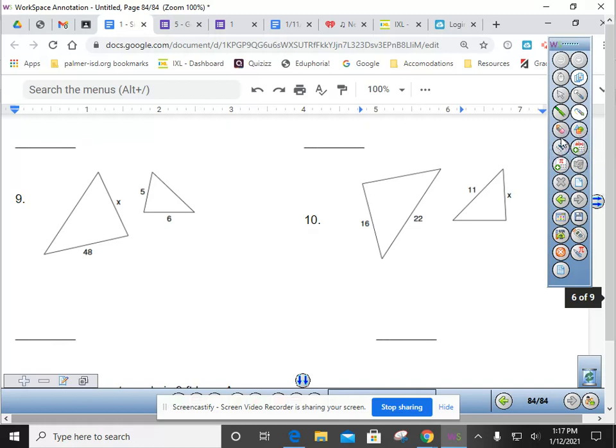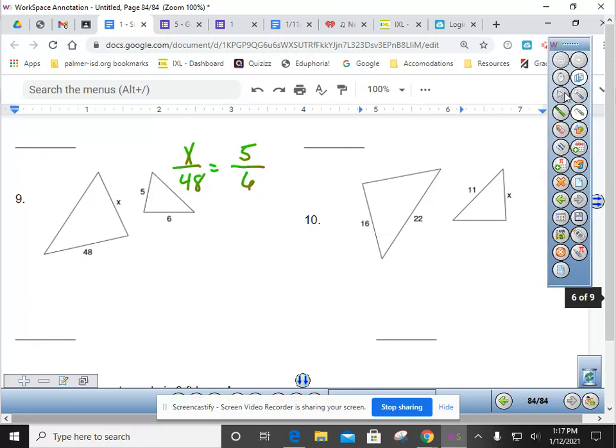I think the 5, yeah. So we'll have X over 48 equals, can you cheat? Yes. What is it? 40. Good.